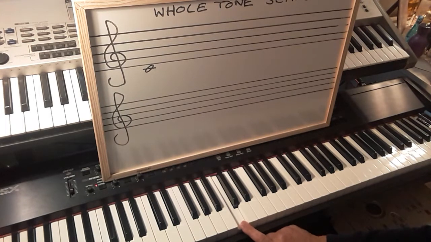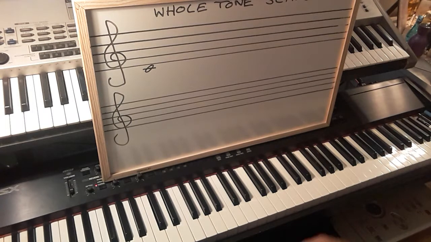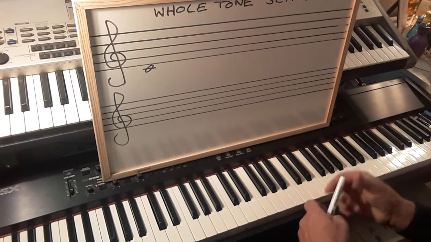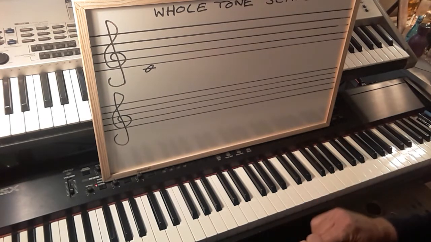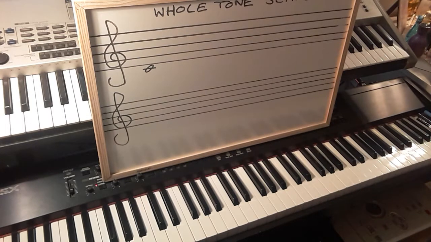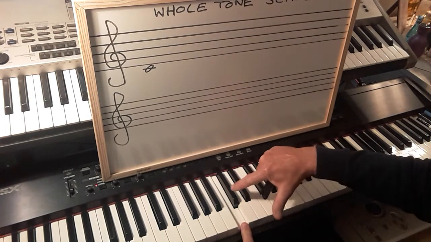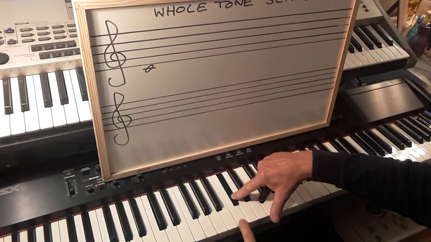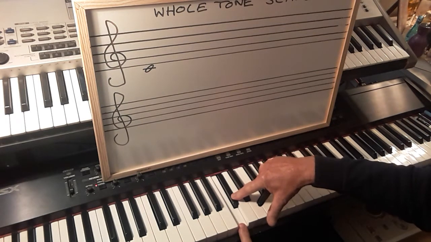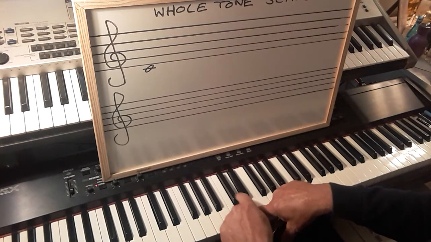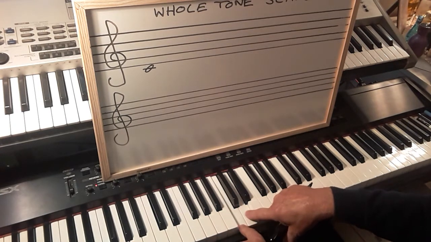Now let's start forming the whole tone scale. From one note to the next, it's going to be a tone. So this is how we work it out. The next note we want from C is a tone away. From C to C sharp is a half step or a semitone, and from C sharp to D is another semitone or half step.